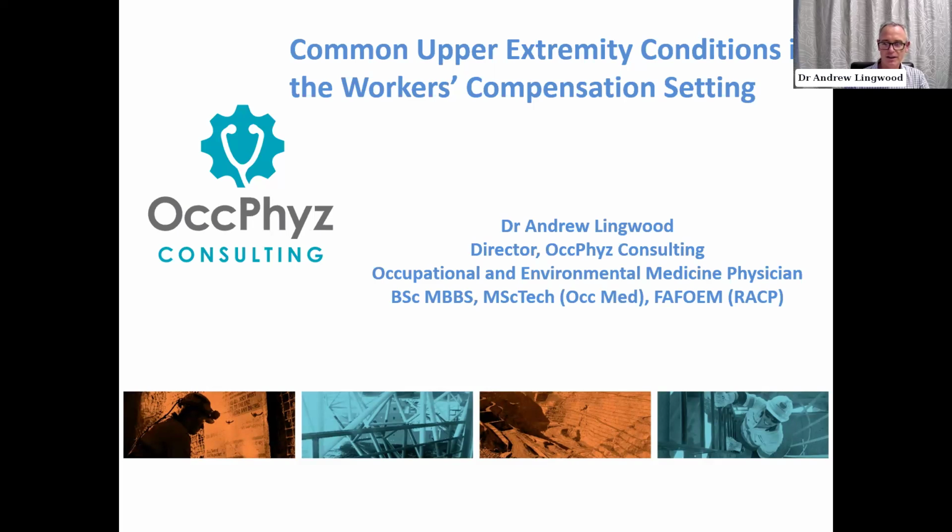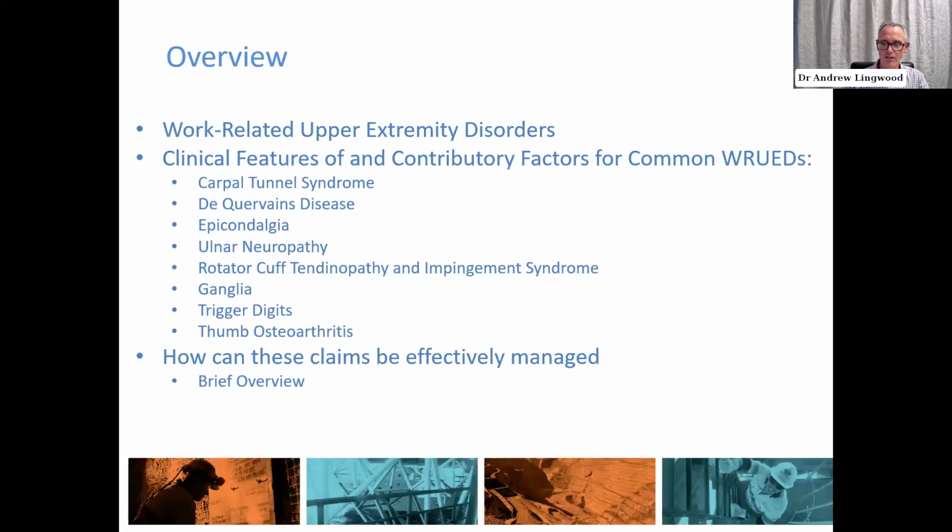I'm going to be talking today about some common upper extremity conditions that we see fairly often in workers' compensation settings. I'm going to talk briefly about what each of the conditions are. It's not really a clinical lecture, but we'll talk a little bit about what they are. Then I will talk about our current understanding of how they develop.